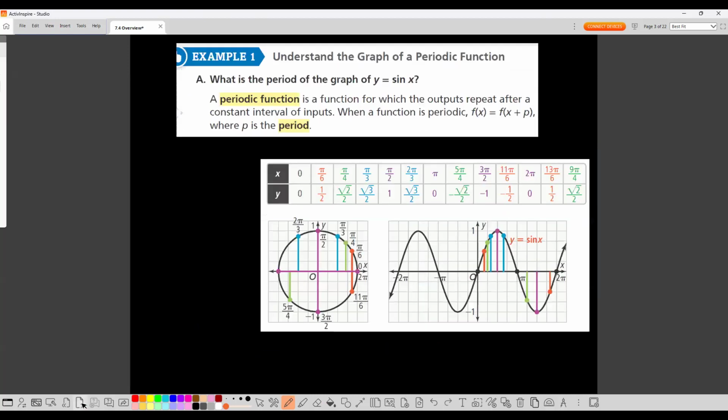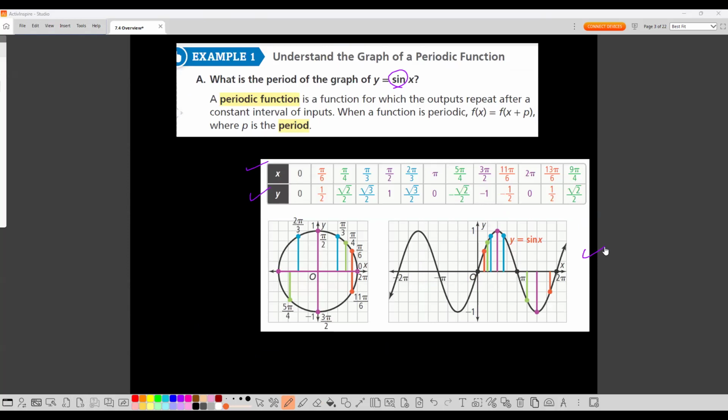So let's go here, the periodic function. Hopefully, if we took all of these values here, and we're working with the sine graph, and we plugged them in and graphed them, you would see a graph like this. Let me see if I've got one other animation. No, I don't have that loaded up.